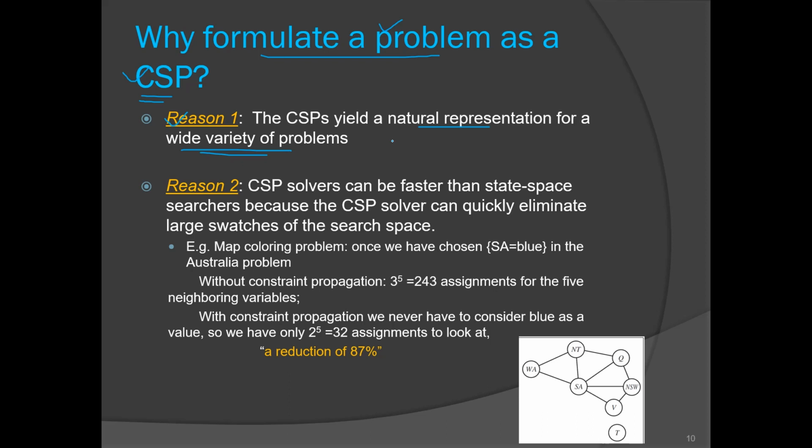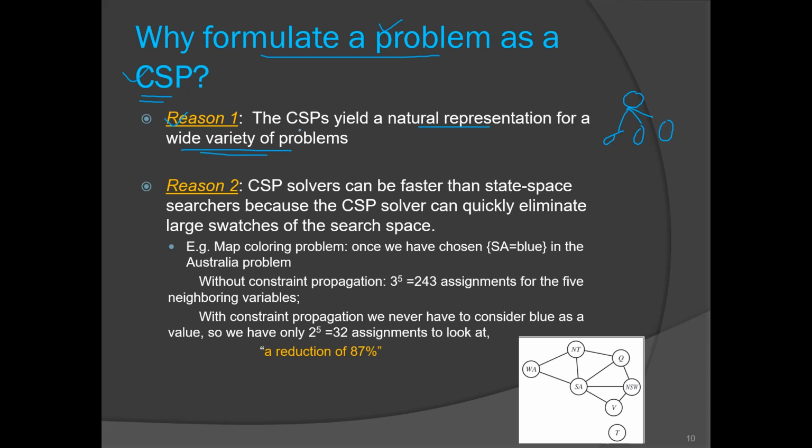We can put a constraint on one particular job, like it has to be completed within 10 days. If you put such a constraint, many states in the search tree may get eliminated, and our search tree becomes narrow, and because of that our search will become very efficient. So that is reason one.